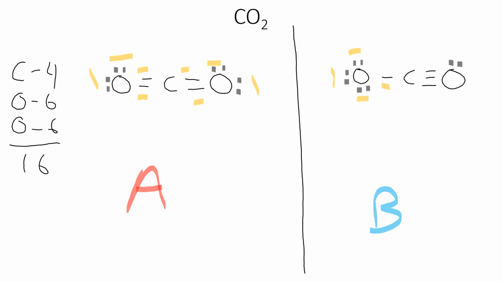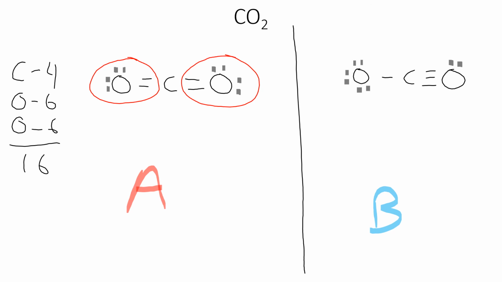So they're equivalent in that respect, and they both have the correct total number of electrons, which is good. Next, we would probably evaluate the octet rule. So we would look at the oxygens first.